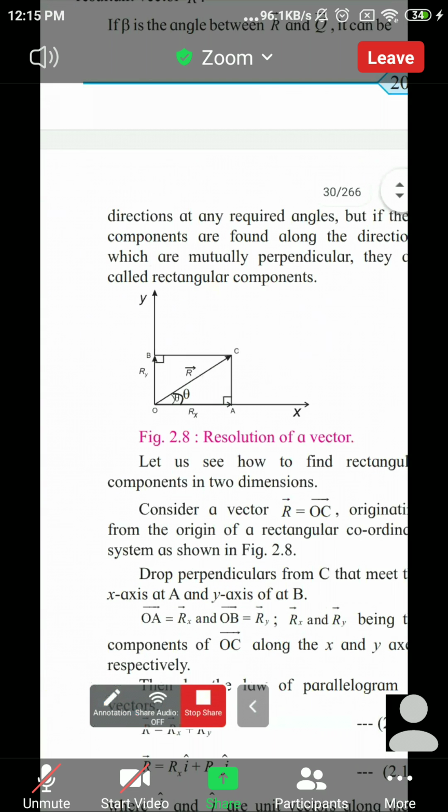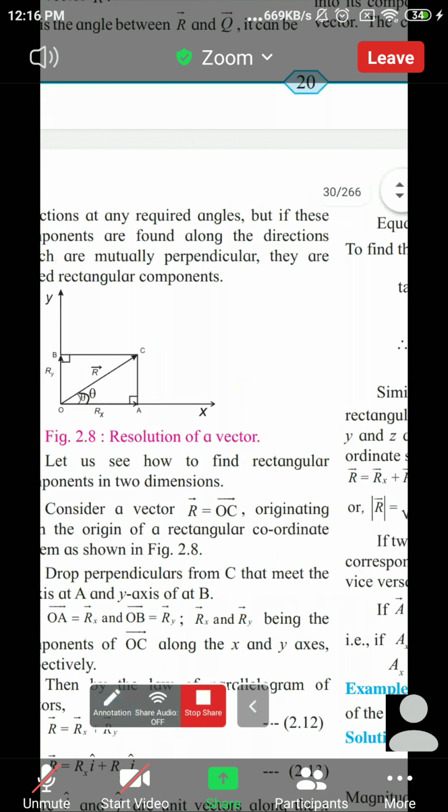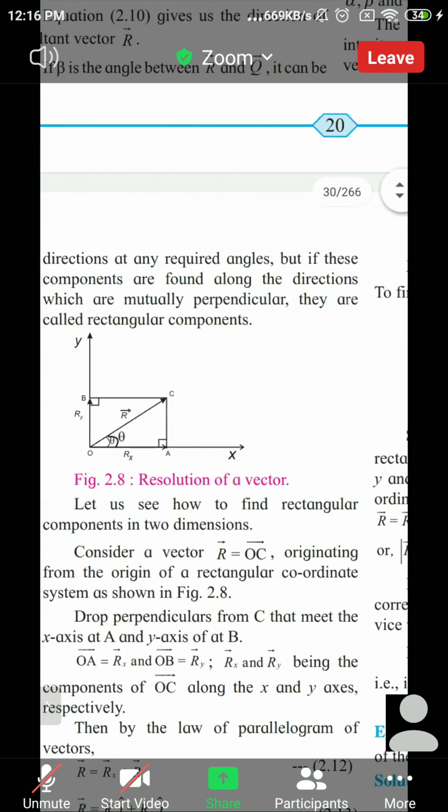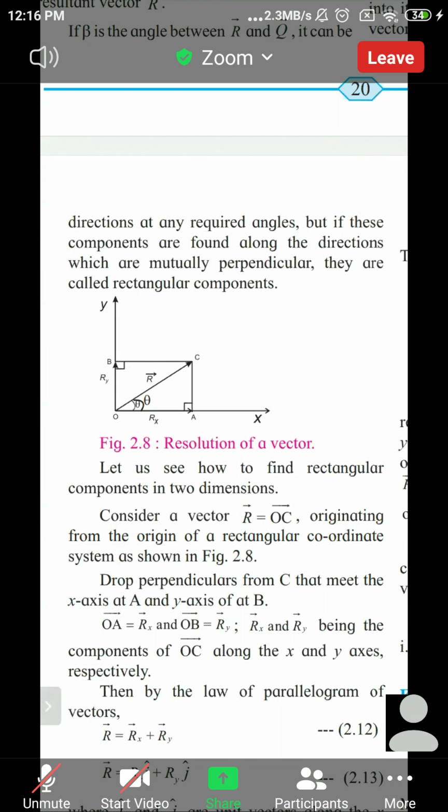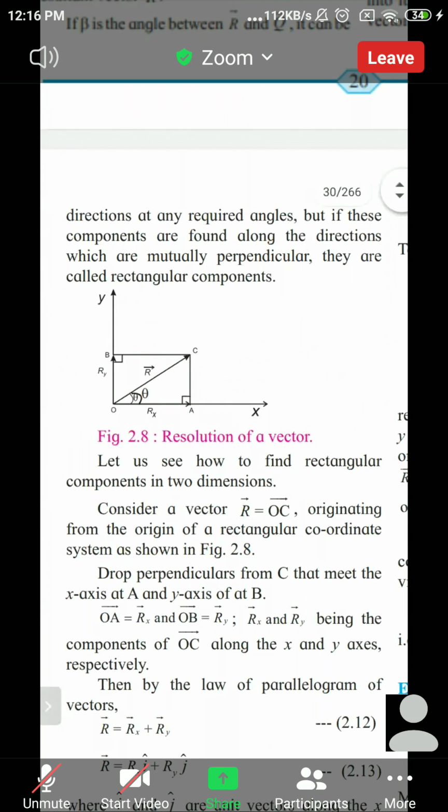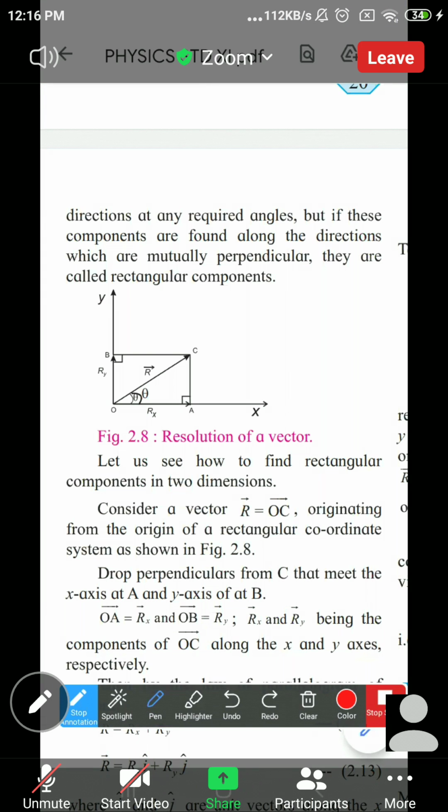In the figure, here one vector r bar is given, and it is represented by vector OC bar. Here the vector is making an angle theta with the x-axis, and now we are going to find the components, along which directions these components are.